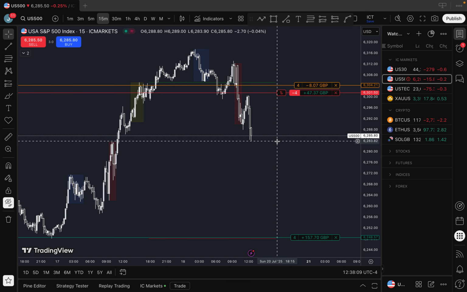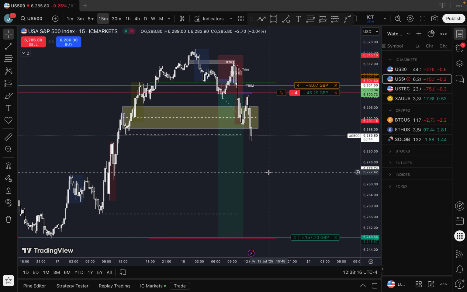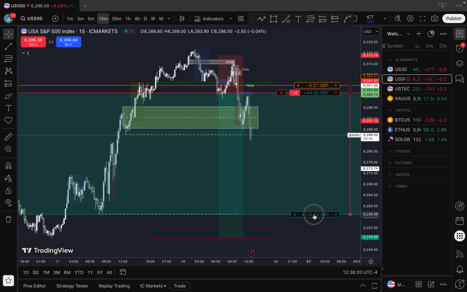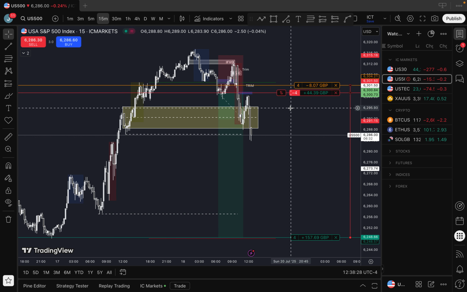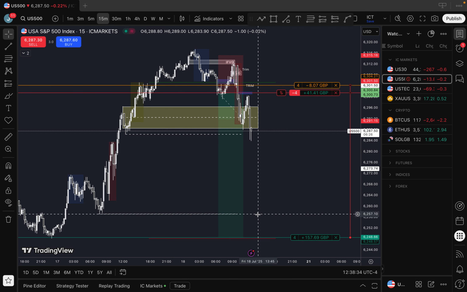Yeah, so it's one of those, isn't it? Put the drawings back on quick. If I take profits here, what do we get? 130. Realistically, what price are we at the moment? 286 down to 257.